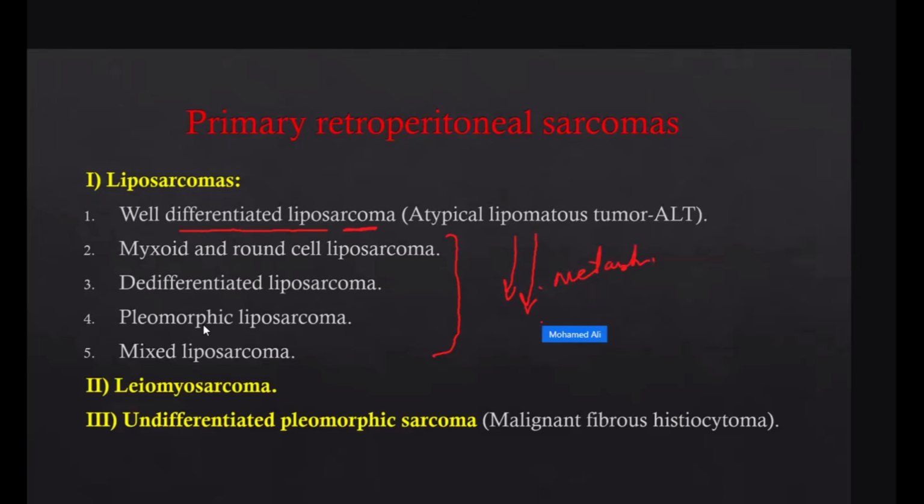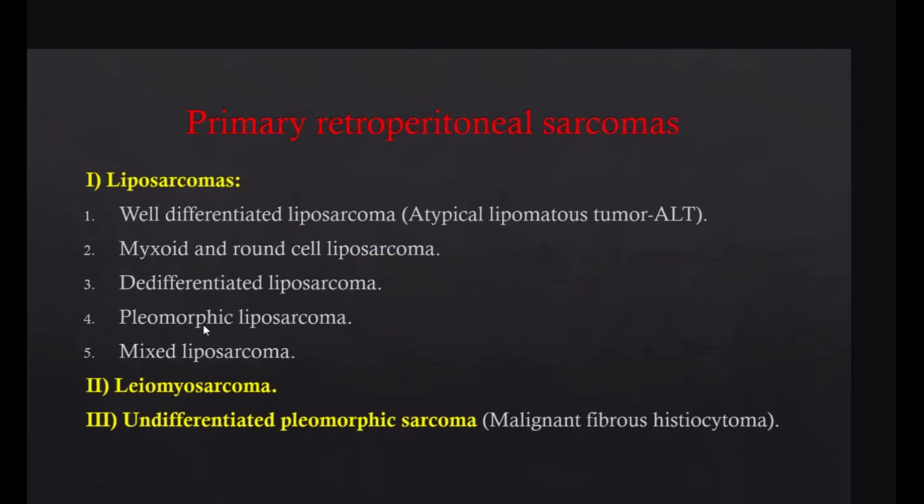It will be associated more with cystic changes and necrosis, calcifications, and all of these features. While well-differentiated liposarcoma doesn't metastasize, it has a high incidence of local recurrence after surgical intervention.